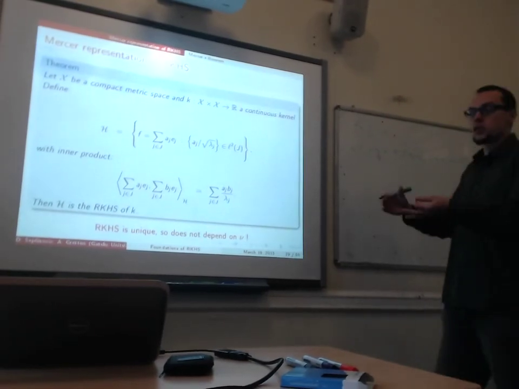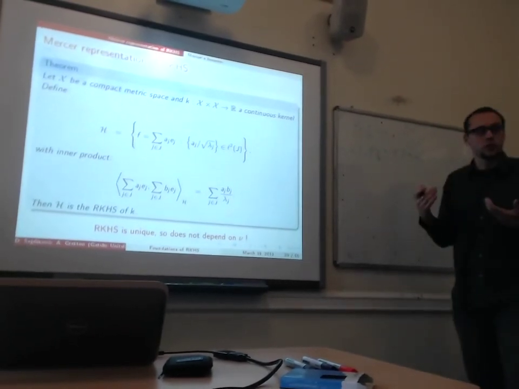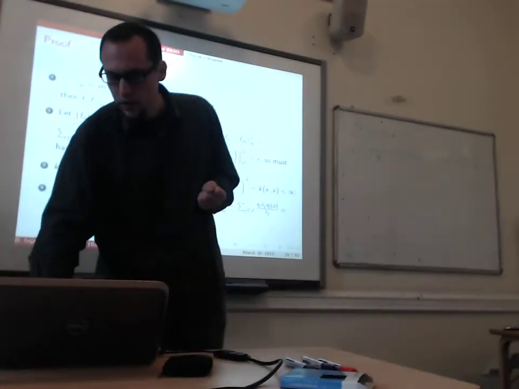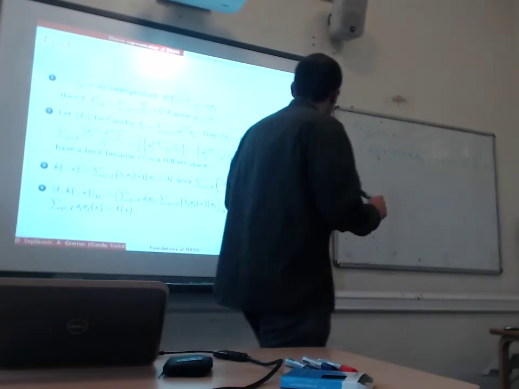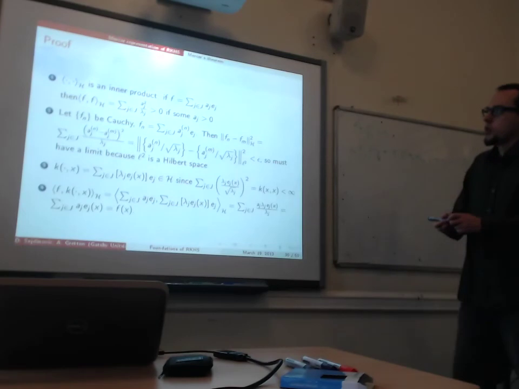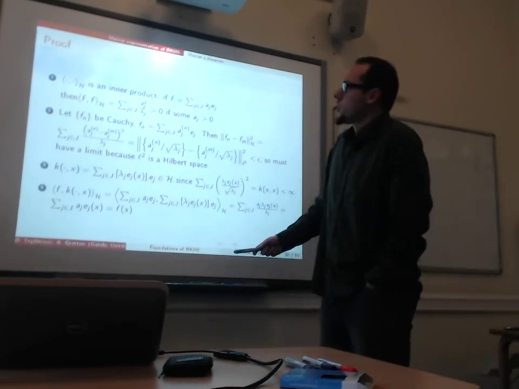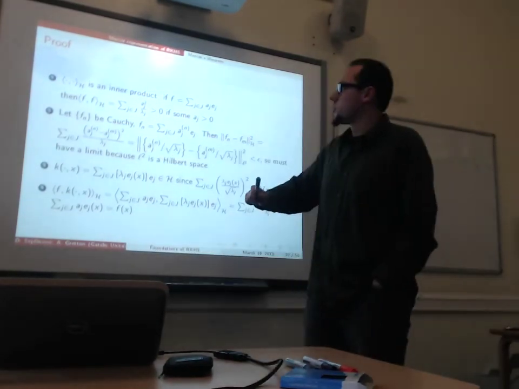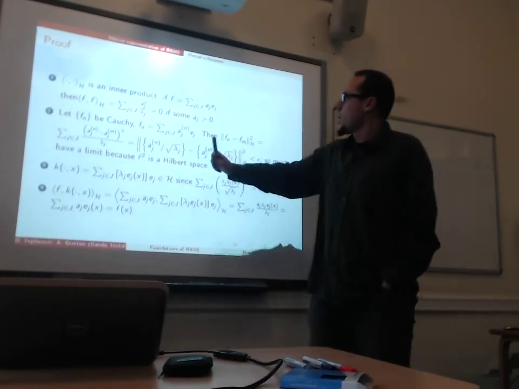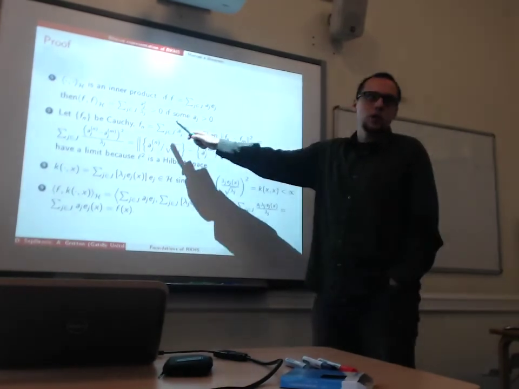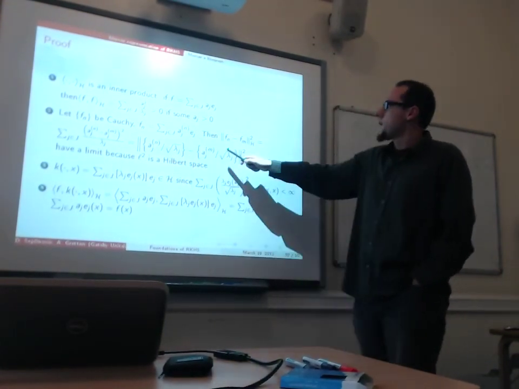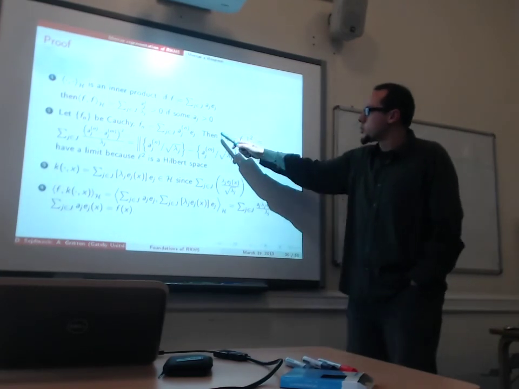Now we have to show that this is actually a Hilbert space. How do we know that it's even a Hilbert space? Well, this is maybe slightly tedious to show. What we have to show is that it is a complete space, so we have to show that every Cauchy sequence is convergent. So I pick a Cauchy sequence here. All of these functions are in this form, so I just vary the coefficients. What does this Cauchy condition mean?